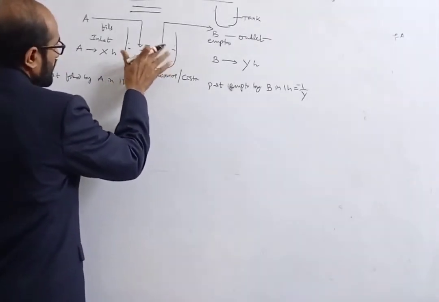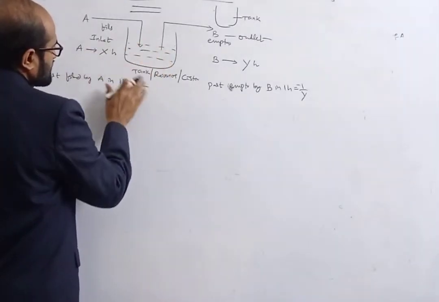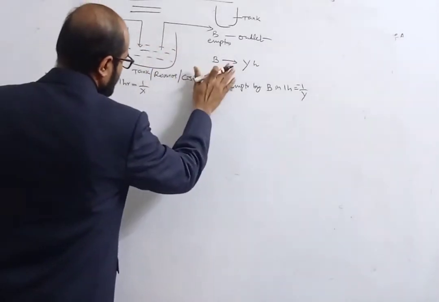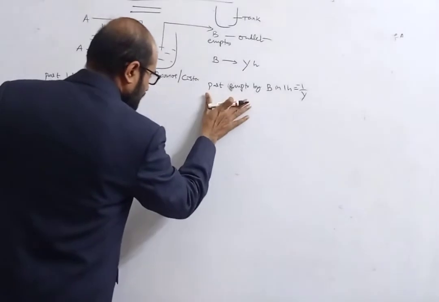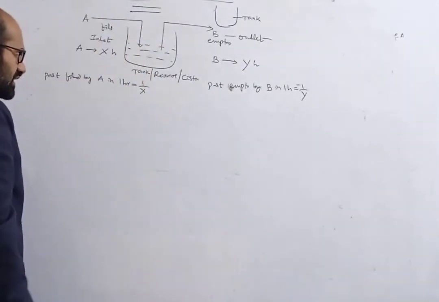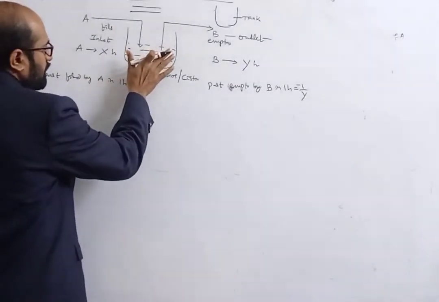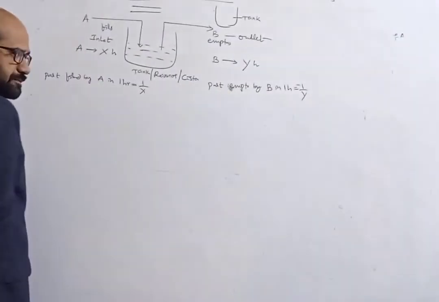If A fills in X hours, B empties in Y hours, the part filled by A is 1 by X and the part emptied by B is 1 by Y, then what is the part filled by A and B?